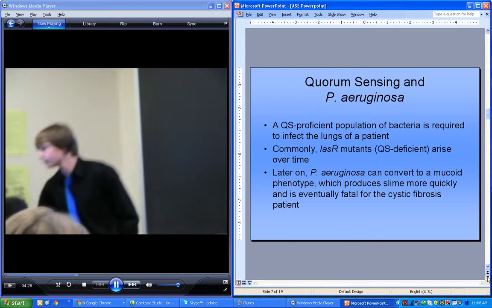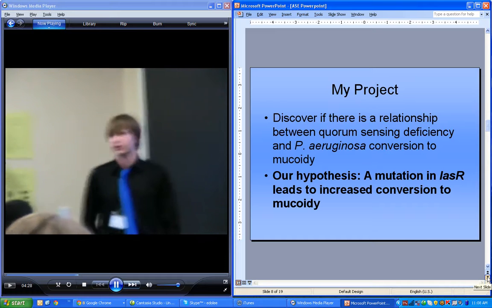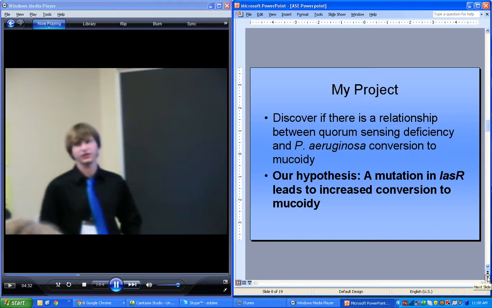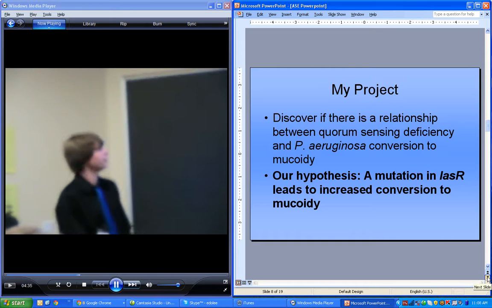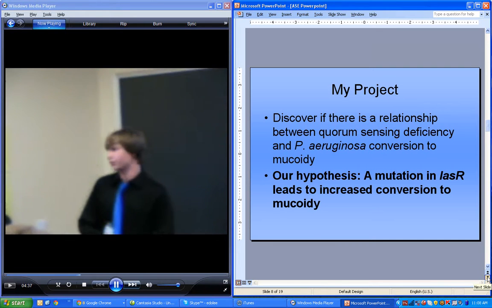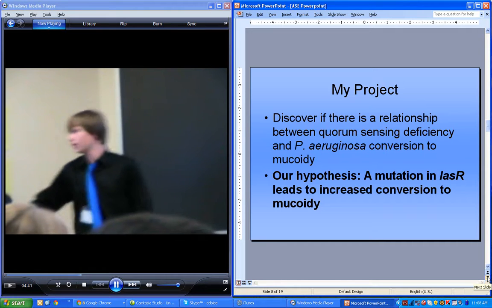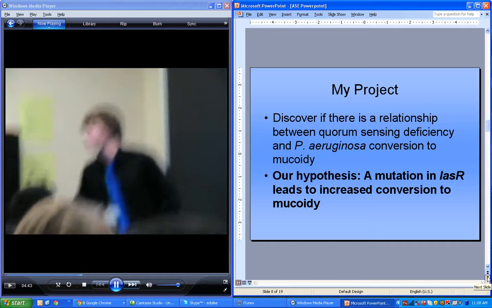Very bad prognosis. My project is basically to discover if there's a relationship between quorum sensing deficiency in Pseudomonas aeruginosa and their conversion to mucoid. My hypothesis is that there is a relation because of some of the following discoveries.